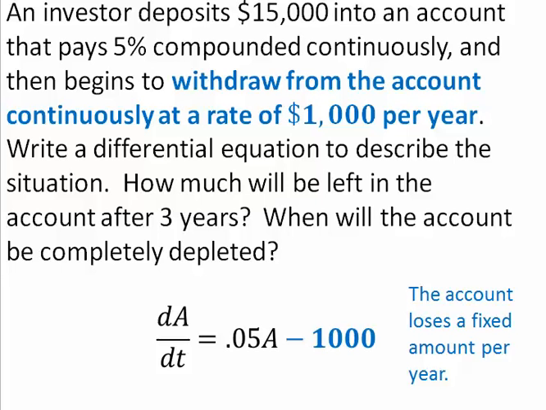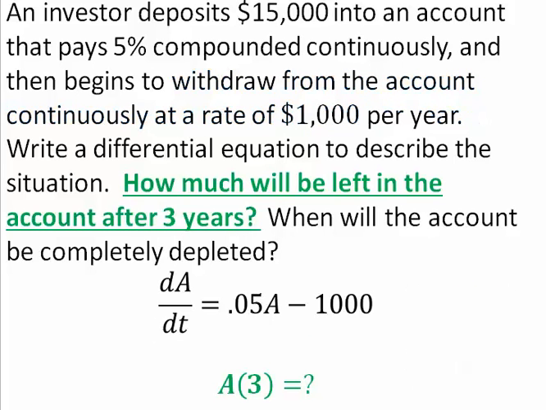So, roughly speaking, dA/dt, the change in dollars per year, is 5% of the amount minus $1,000. The reason I said roughly is this is going on continuously, not in a discrete manner. So we have our differential equation and we're ready for the first question.